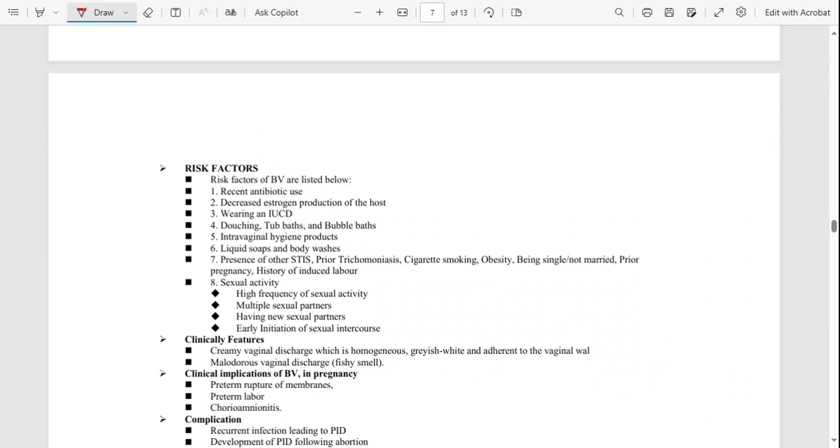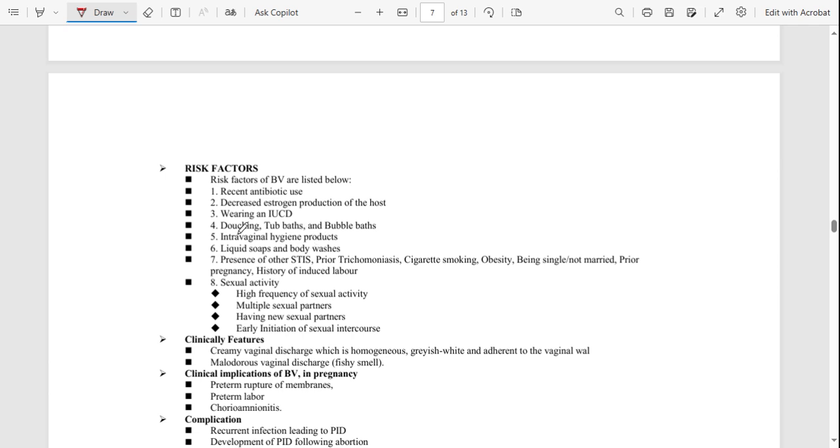What are the risk factors? Recent antibiotic use, because antibiotics destroy literally everything, including normal flora. Decreased estrogen production of the host. Wearing an intrauterine contraceptive device. Douching: women washing their vagina with soap or water are removing the bacteria that are supposed to be protecting them.